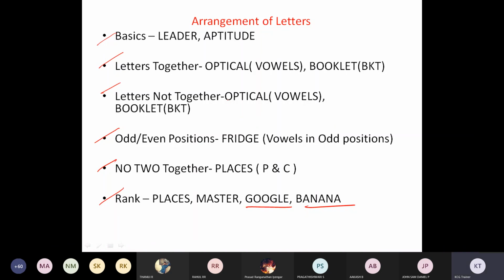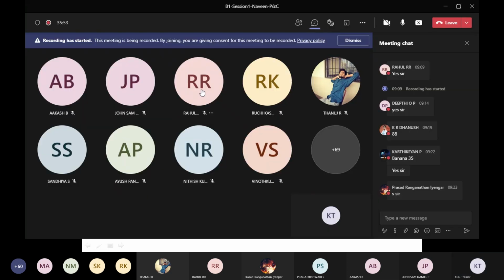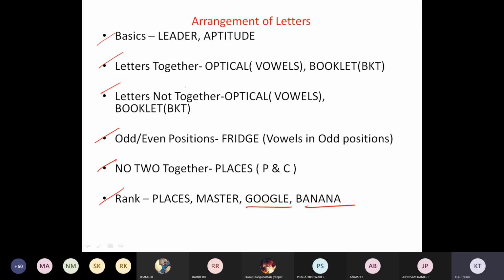No, sir. Which one is remaining? Which one is remaining, guys?